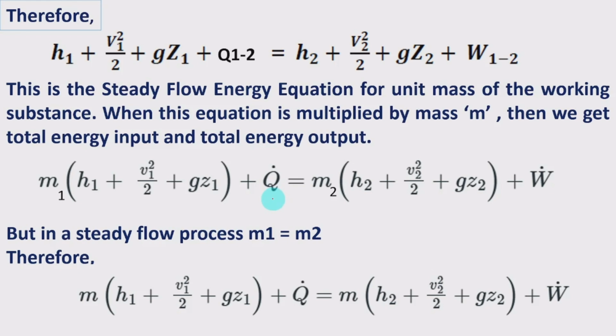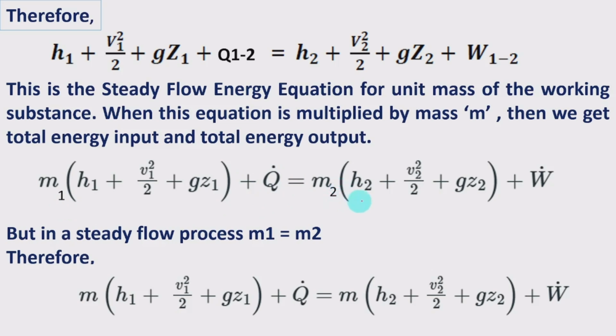If you take the heat flow per kg of the working substance, then we also have to multiply by the mass. That consideration we need to take, whether we are taking the heat flow per kg of the working substance or the total heat supply. If we take the total heat supply, then we should not multiply m1 to it.